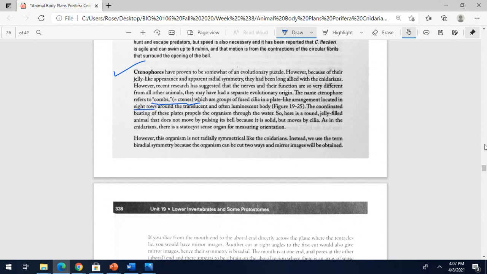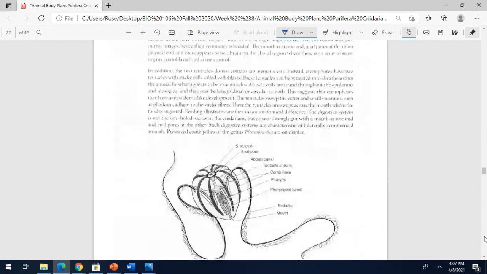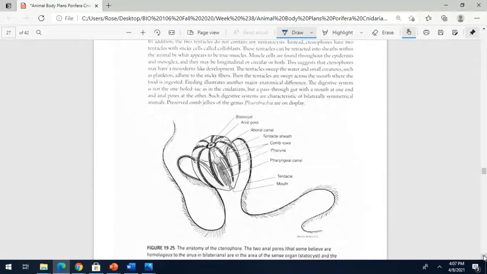All right. So here, let us look at it quickly. It says ctenophores may be triploblastic because they have true muscles, so you've got to read up on this. And they have a pass-through digestive system. You remember we were talking about the hydra and the cnidarians, which have a one-hole gut sac.